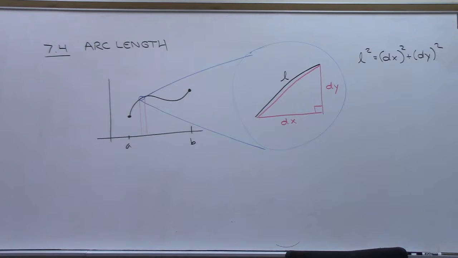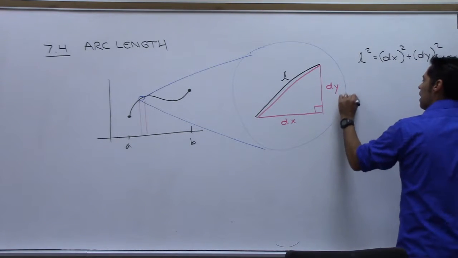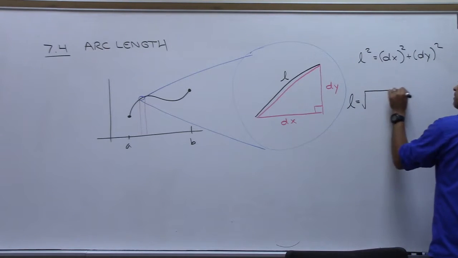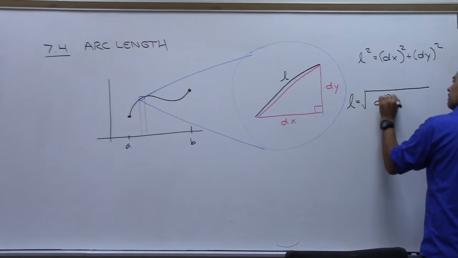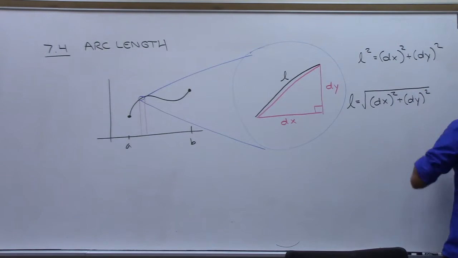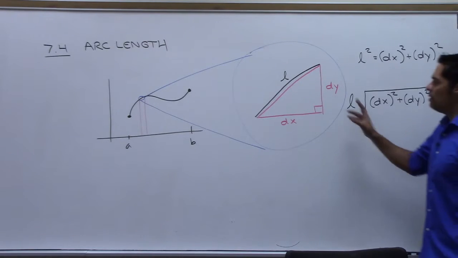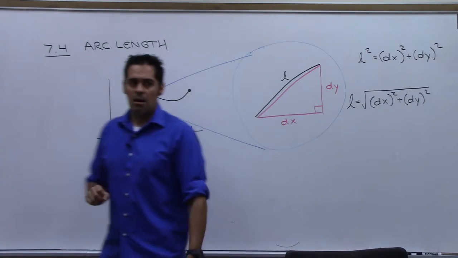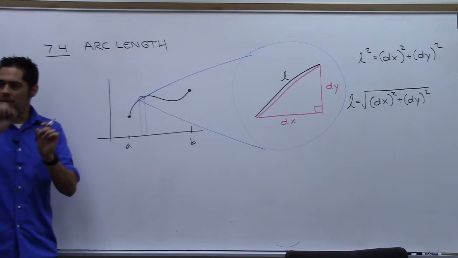And if I solve for L, then square root on both sides, we get L is equal to the square root of dx squared plus dy squared. Agreed? That's the length, approximately the length of that little infinitesimal hypotenuse.